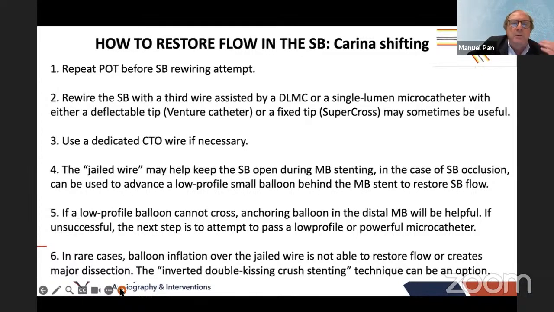POT, kissing, use of the dedicated CTO, use the yellow wire technique and try to rescue with all the maneuvers previously described, with a dedicated microcatheter, or even in case of difficulty, you can also use the yellow wire to dilate the side branch and try to dilate outside of the stent, then correct, and so on.